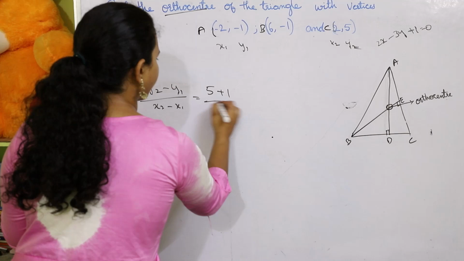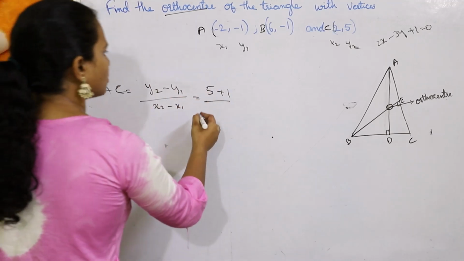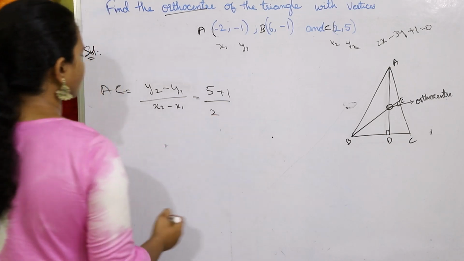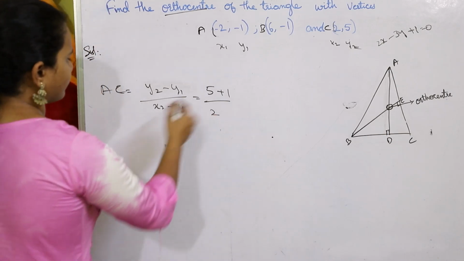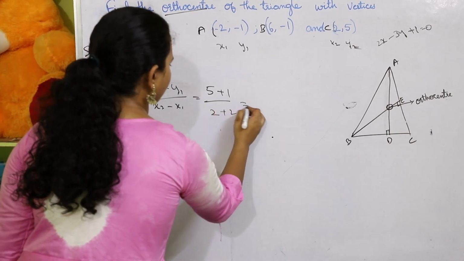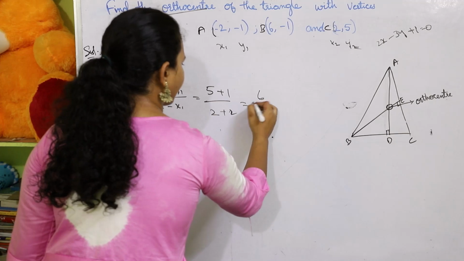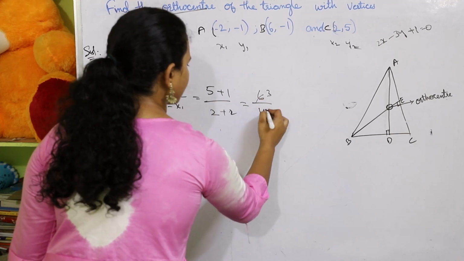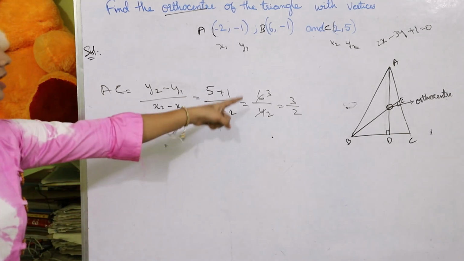Plus 1, this is 1 minus plus, right? So plus 1. x2 is 2. x1 is what? Plus 2. Right? Minus plus. So here 6 by 4. 3 times and this is 2 times. So 3 by 2. Clear? So I got 3 by 2.